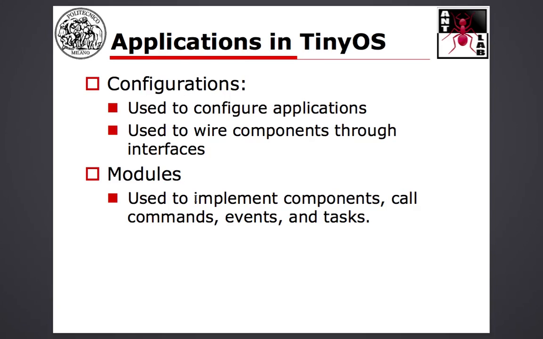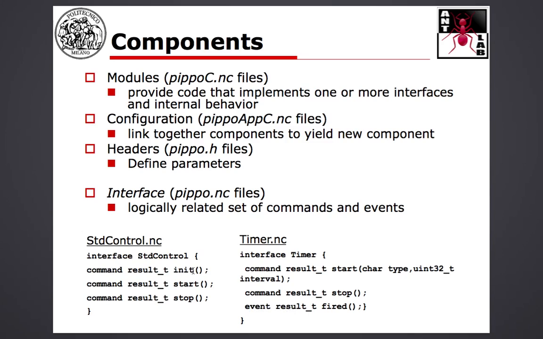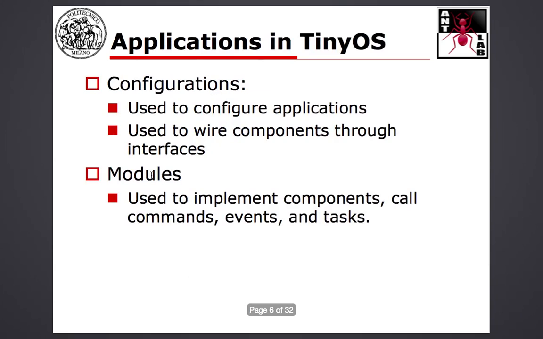The actual code that you want the application to run when you call init, start, or stop on a particular component is contained in the module. When you build complex applications, you can put together different modules, and how you put them together is specified in the configuration file. We will see examples about this.